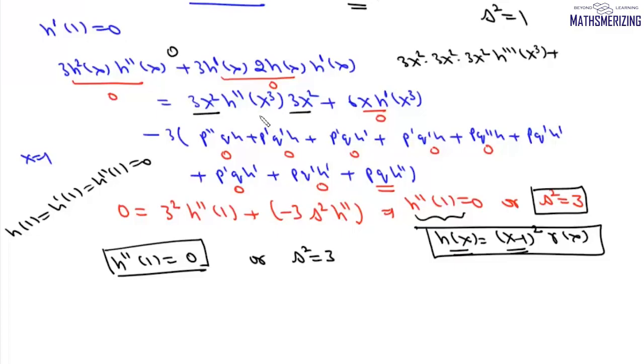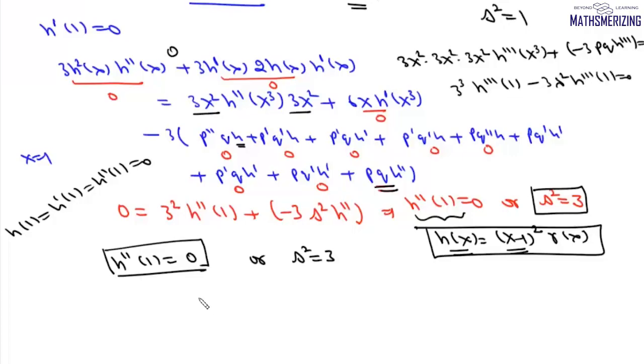Now all the other expressions will have H double dash 1, which is 0, so we'll discard all of them. And here we'll have H dash 1 or H double dash 1, which again is 0. Now here too H(1) or H dash 1 will be 0, except for this term, which will be minus 3 P Q into H triple dash. Now if we put x as 1, we'll get 3 cube into H triple dash 1 minus 3 s square into H triple dash 1 equals 0.